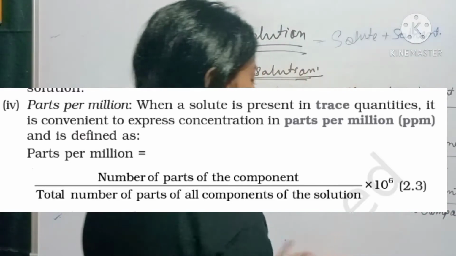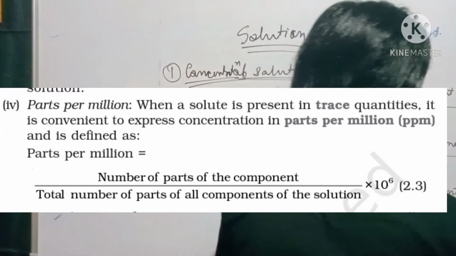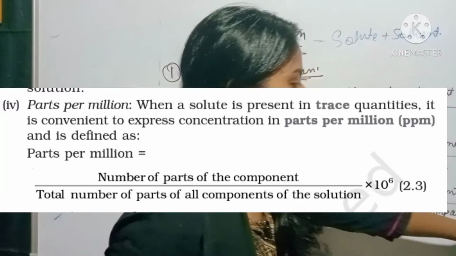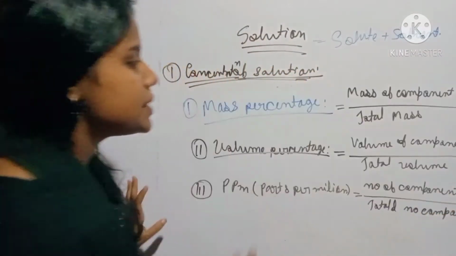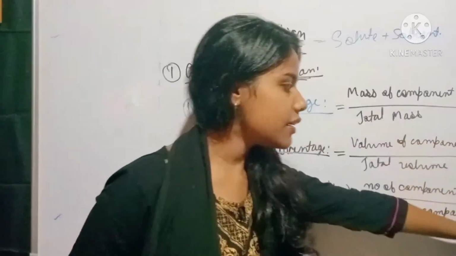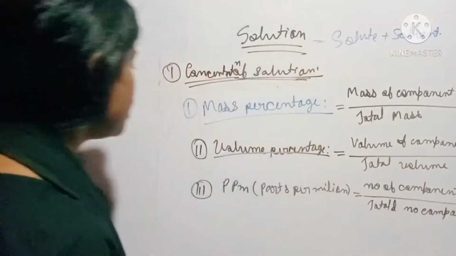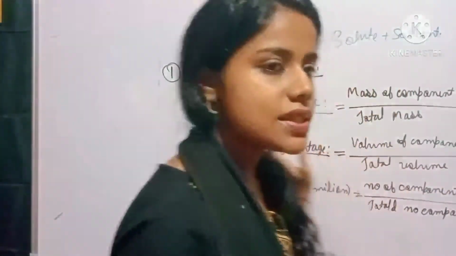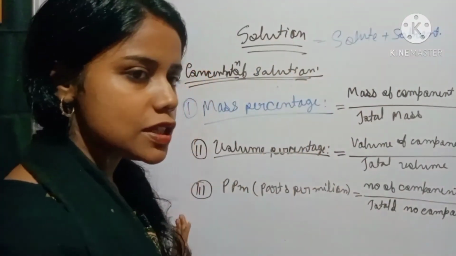The important thing is that here we have to multiply it by 10 to the power 6. That's the only difference. Everything else will be the same. The difference is that there we multiply by 100, and here we multiply by 10 to the power 6. Yeah, that's it.